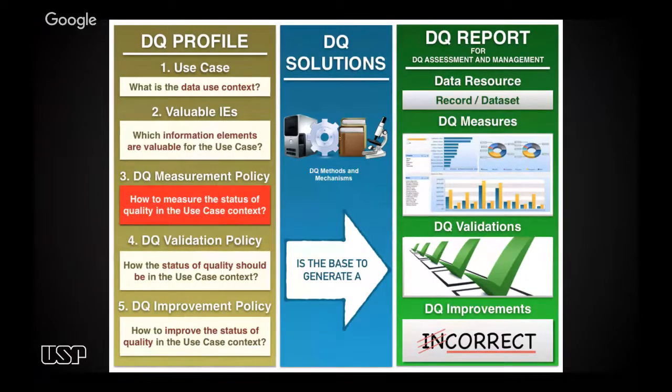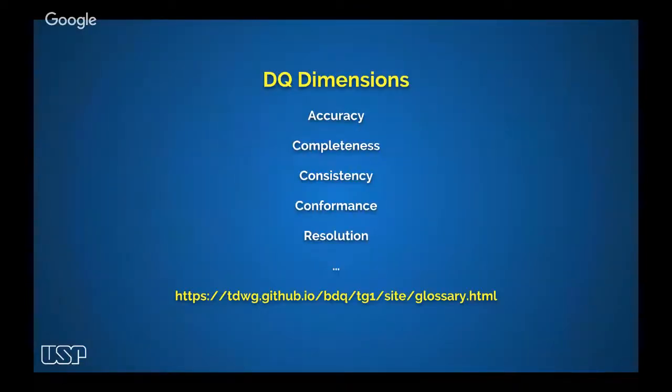So when I have the context and the information that I'm going to need in the context, I have to define how I will measure the quality of each of these information elements. How can I measure the quality of a coordinate, for example? That would be an information element available in my context. To measure it, we use those data quality dimensions that I mentioned before.